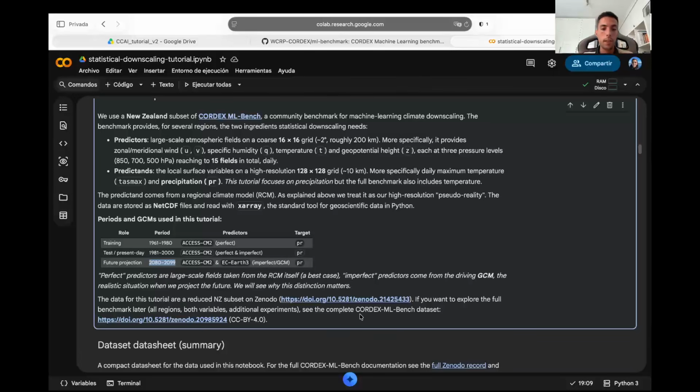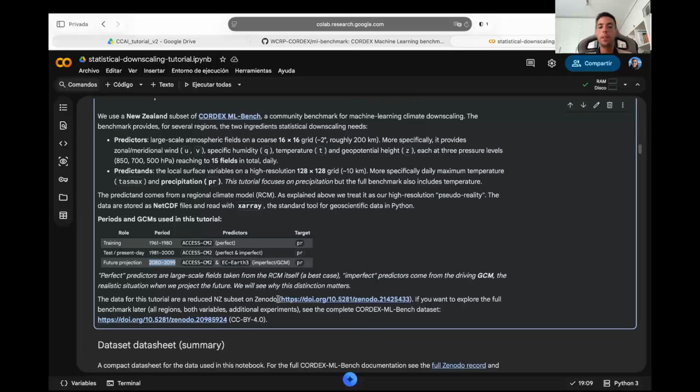The data for the benchmark is available in Zenodo. However, the whole data set is quite large because it covers different domains, different variables, and so on and so forth.